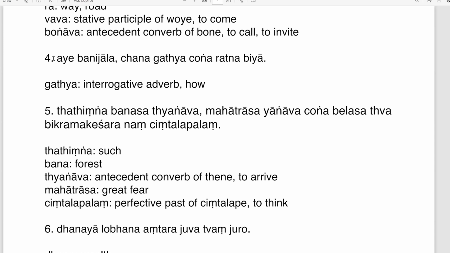So like, did you give away the jewel, how, which exists, in what way? Yeah, so gathe junga redana.